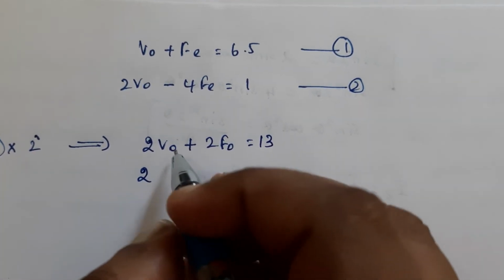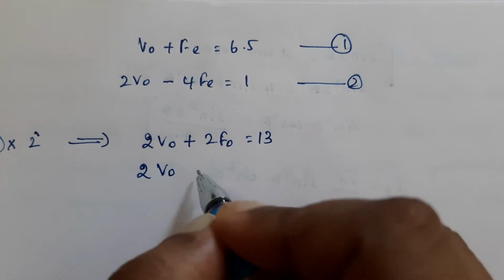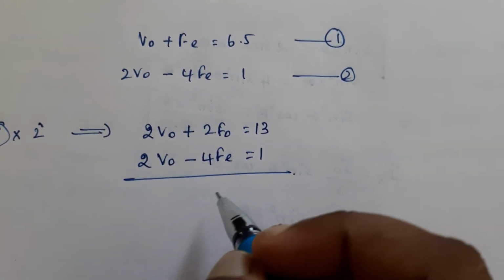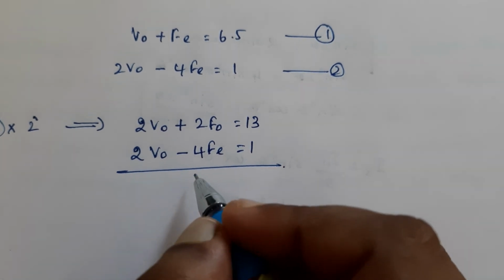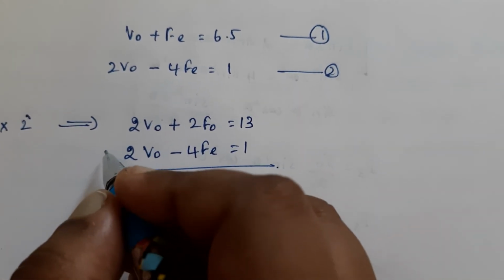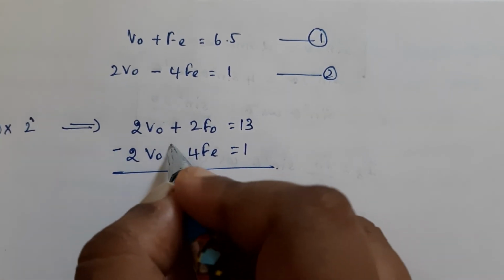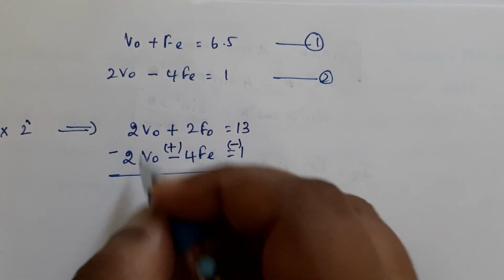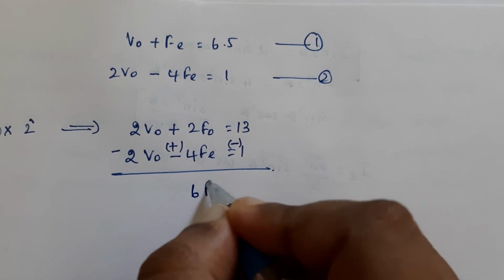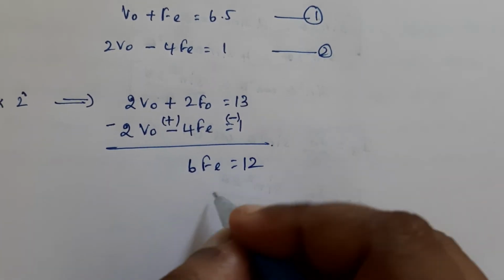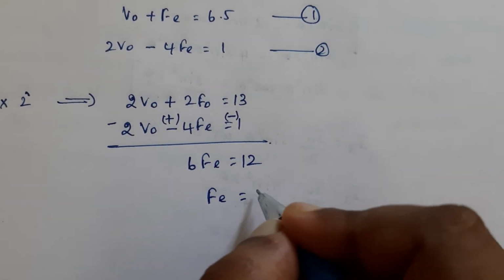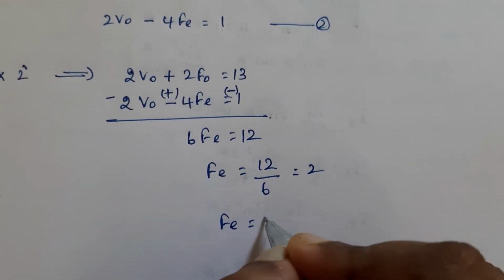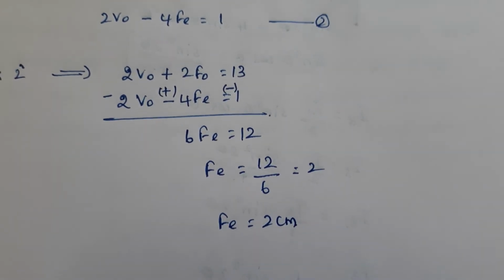The equation 2 I am going to write as it is: 2 V0 minus 4 Fe is equal to 1. Subtracting, this will become minus, this will become plus, and this will become minus. So 6 Fe is equal to 12. So Fe is equal to 12 by 6, which is equal to 2. So Fe is equal to 2 centimeter.